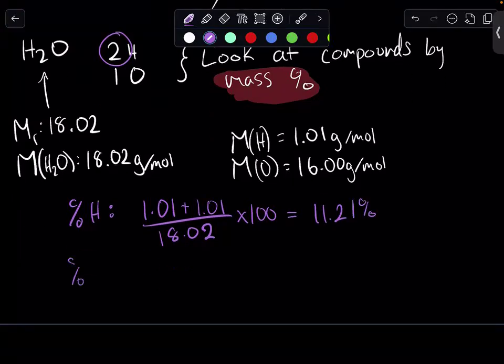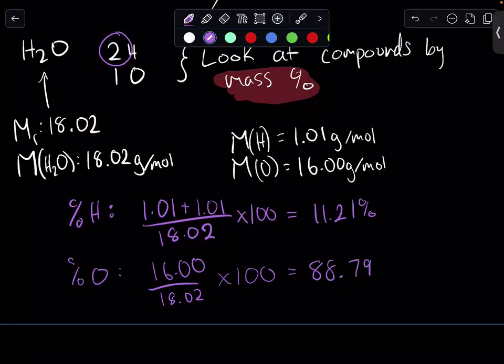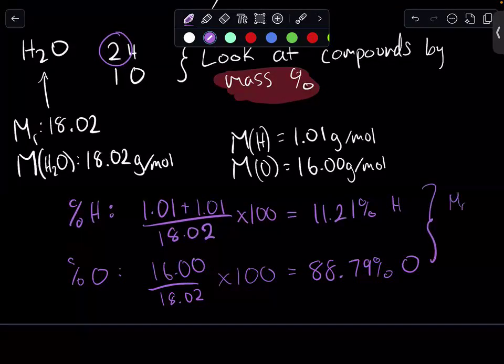For oxygen, we're going to do something similar. We're going to do 16.00 divided by 18.02 times 100 to get a percent of 88.79%. That's hydrogen and that's oxygen. So water will always have this percent and it will always have a total molecular mass of 18.02. Those two qualities will always define water.